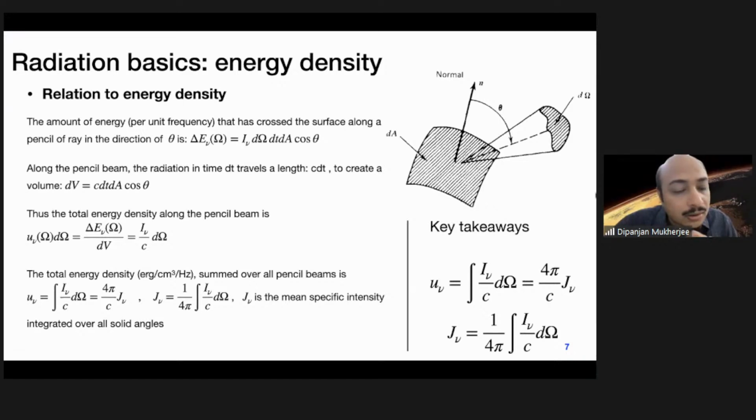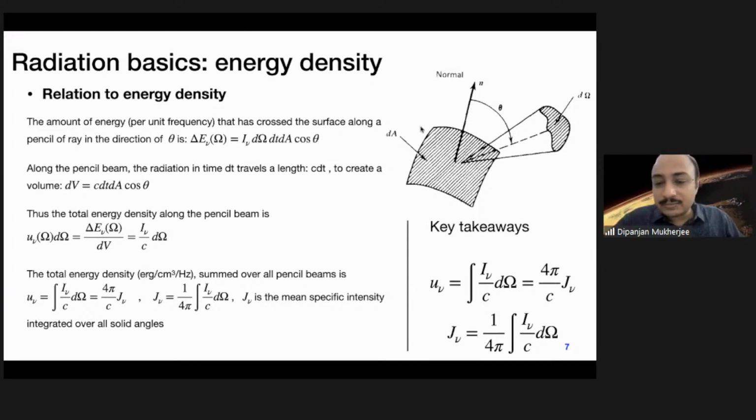But in the next slide it is written I nu by c. Am I missing something? Shouldn't the c be there? Sorry, yes, you are right. J nu will not have I nu by c. That was a typo. It is just the integral of I nu d omega. Thanks for pointing it out. I will correct that in my notes. Good, you noted that. So you're not sleeping.